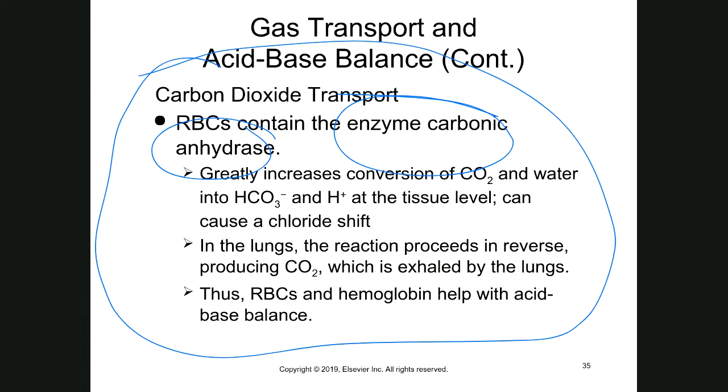Okay, Brittany has it correctly. 7.35 to 7.45. It's an interesting pH because you know by chemistry that 7.0 is the equilibrium, exactly the dot, basically the middle of the scale.